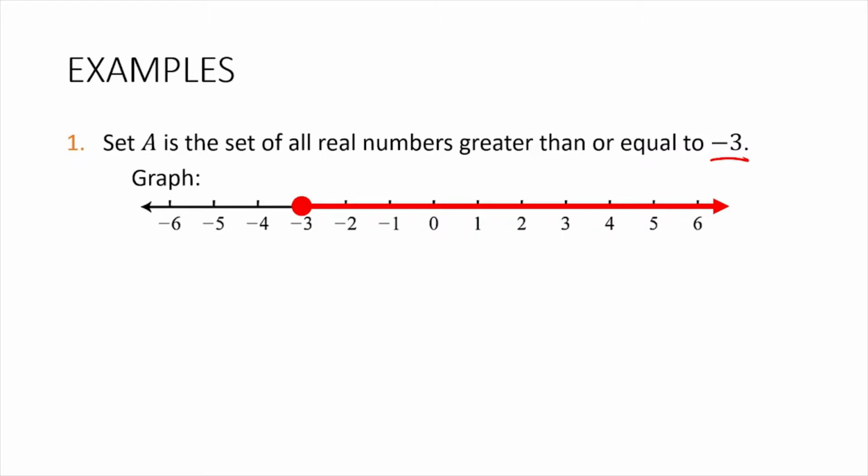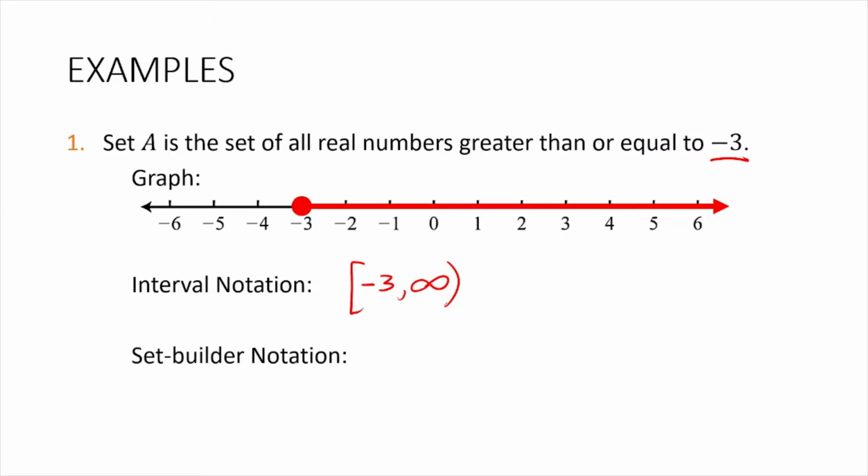How about the interval notation? In this case, the left endpoint is -3, and -3 is included, so we use a bracket. Then this goes to positive infinity, so -3 to positive infinity, with a close parenthesis in this case. How about set-builder notation?